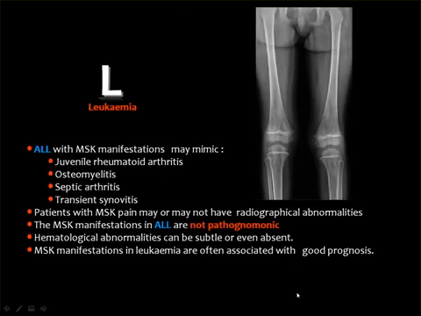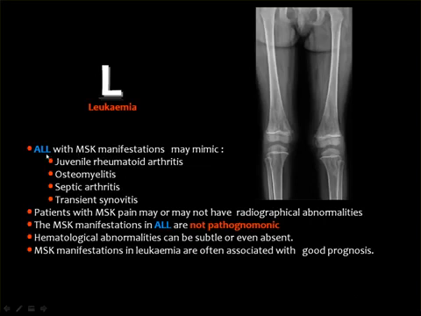Then, in this patient, you can see bilateral, almost symmetrical, metaphyseal translucencies or osteolysis in the distal part of the femur and the proximal part of the tibia. This is what I have said before.